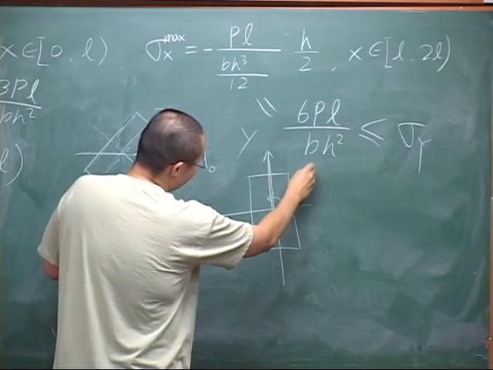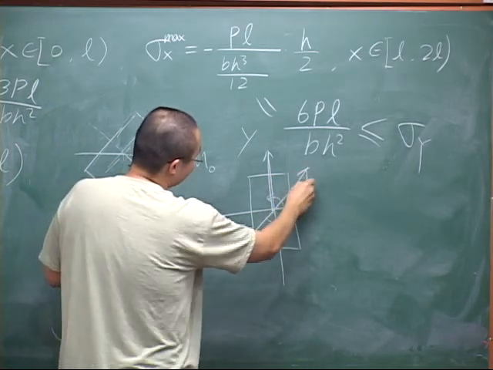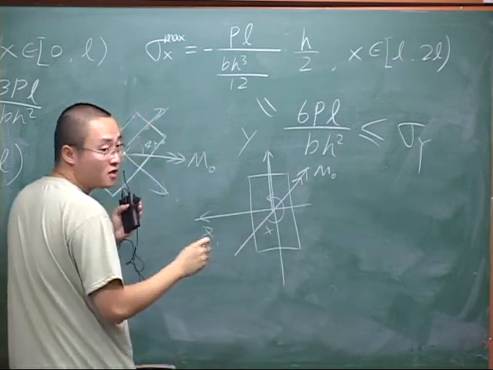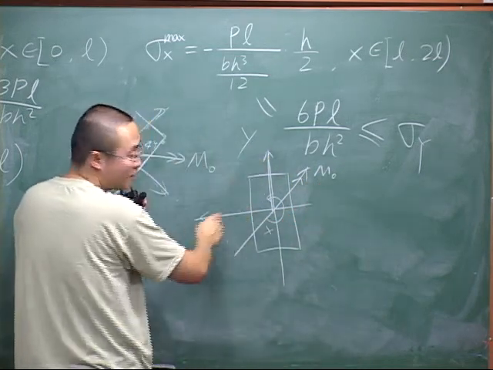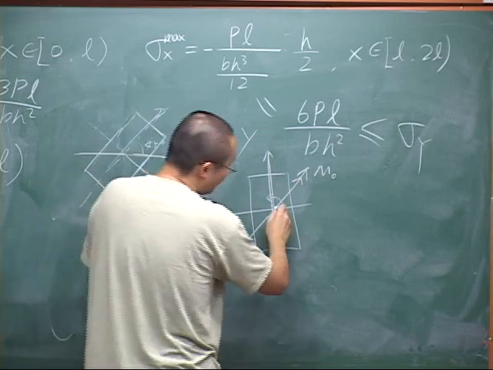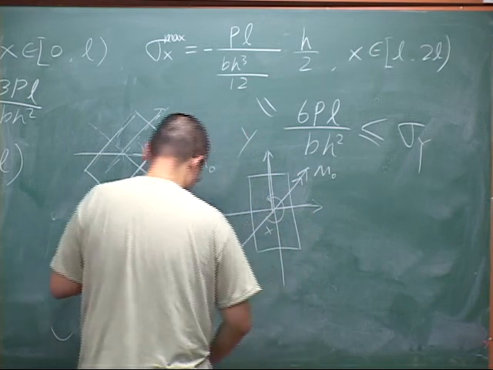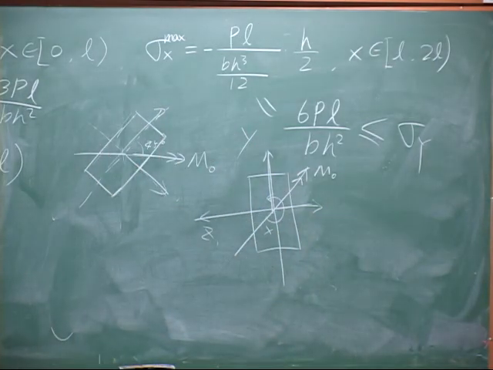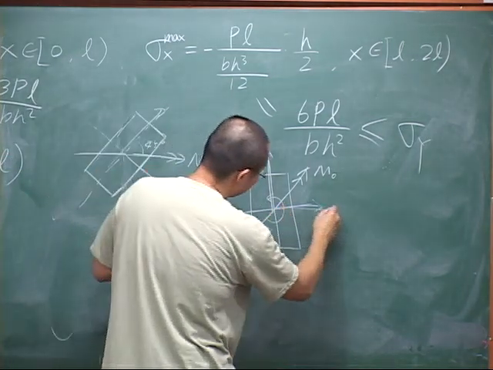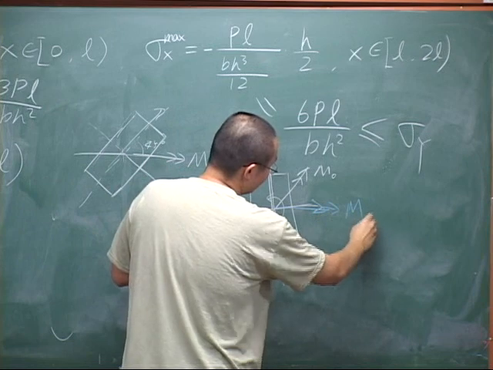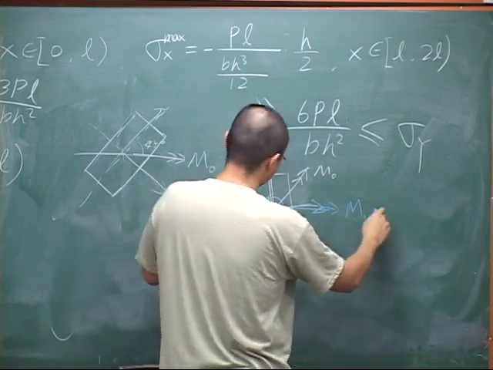And the moment will be like this. It's m0. So if we decompose this m0 along both y and z direction, this is also a vector, okay? And so we will have a moment mz.